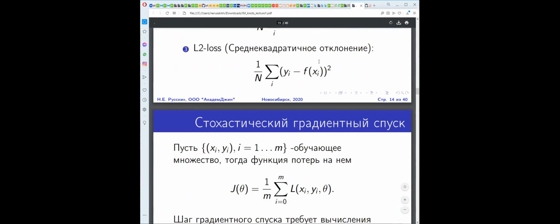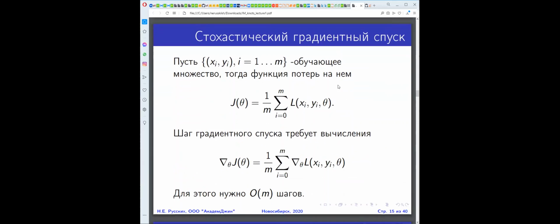As you can see, typically the loss is an average of loss terms on each sample. So if we would like to perform a gradient step on the whole training set, we must estimate the gradient of that large function.